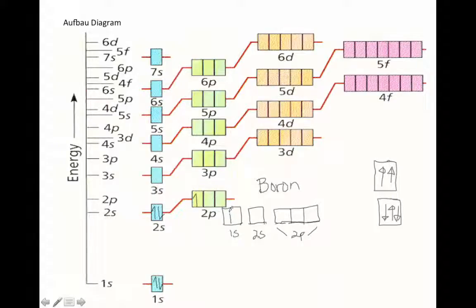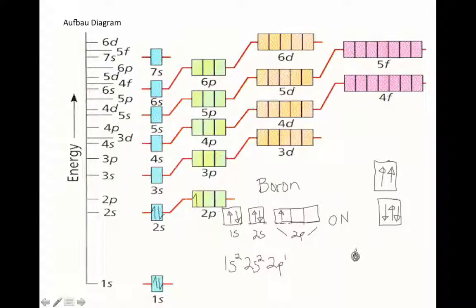So we have 2 electrons in this orbital with opposite spins, 2 electrons in this orbital with opposite spins, and then we have 1 electron in the first orbital of the p sublevel. So this is orbital notation, and then the electron configuration would look like this: 1s2, 2s2, 2p1.